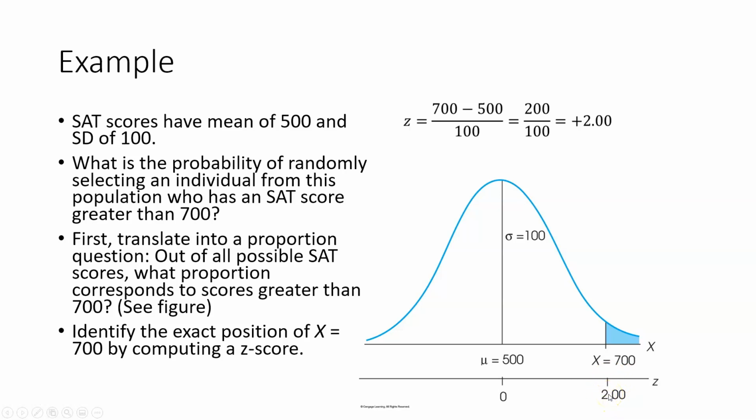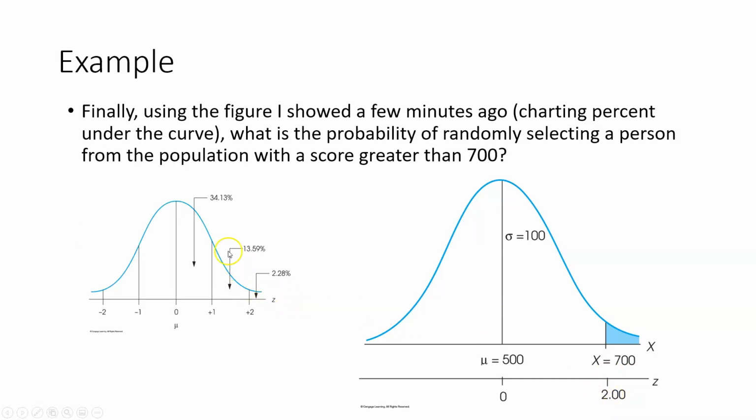We can then recall back to the graph I showed you a couple slides ago and remind ourselves that above a positive score of 2 standard deviations, or a z-score of +2, we see 2.28% of the scores fall in this tail region. So we could also say that 2.28% of people in the distribution, in the population, have scores above 700 on the SAT.